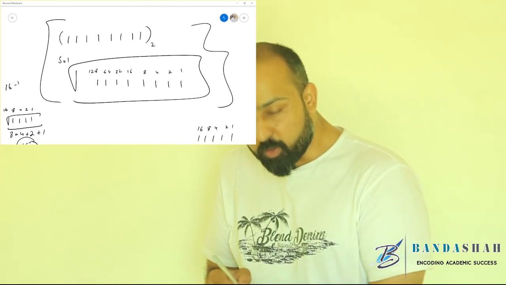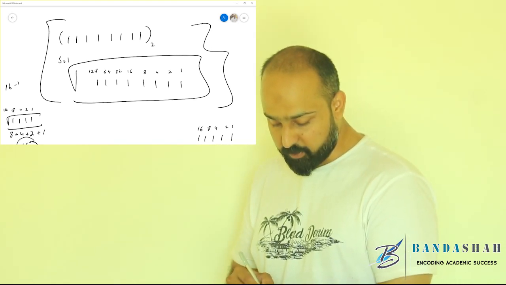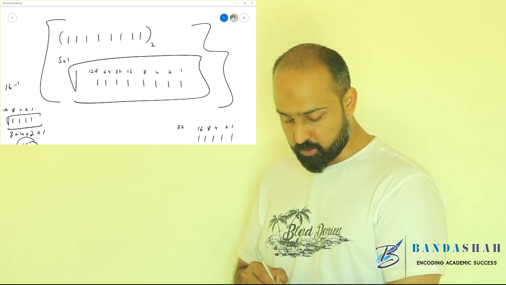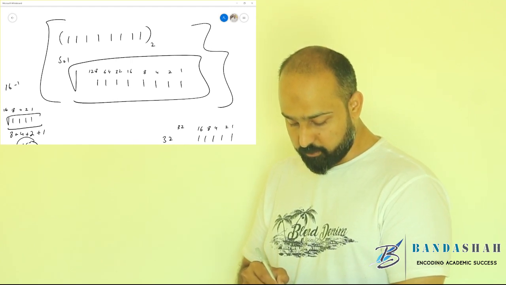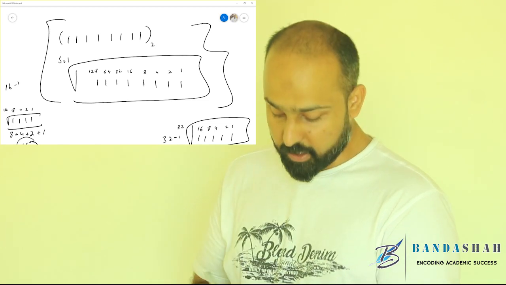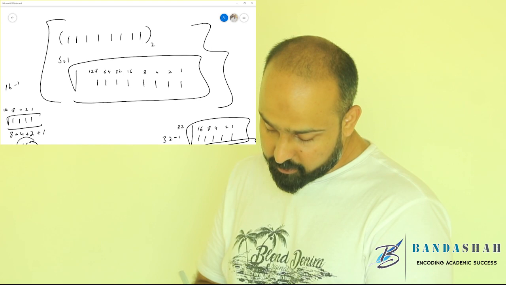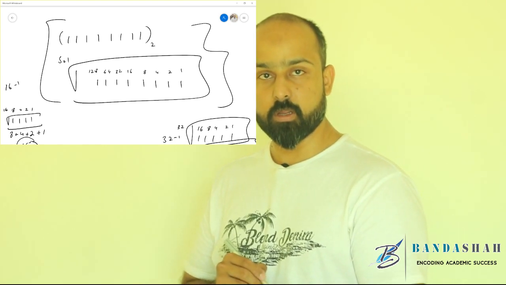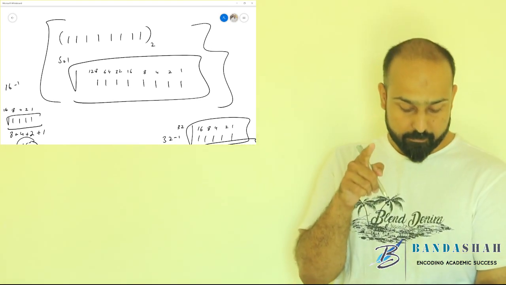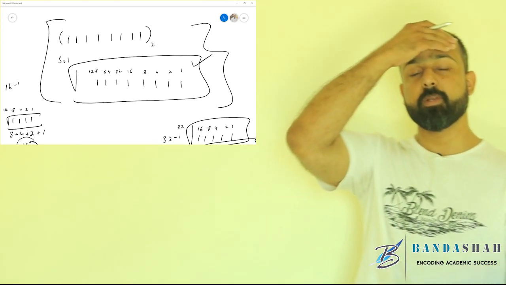The smarter way is: what would be the next bit power after 16? It would be 32. So 32 minus 1, if all the bits are 1. So this will be the answer. If you add them like this, it will make 31. Smarter way.